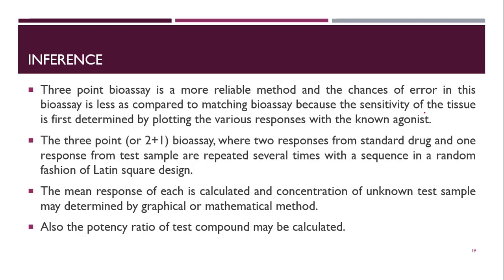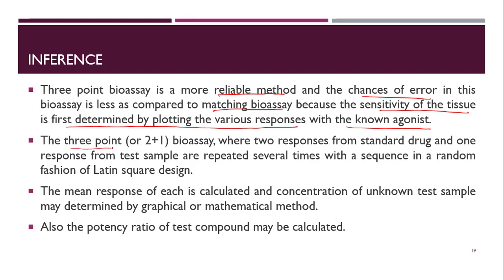So the inference that we will take out from this experiment is that the 3-point bioassay is a more reliable method, and the chances of error in this bioassay are less as compared to the matching bioassay. Why? Because the sensitivity of the tissue is first determined by plotting the various responses with the known agonist.